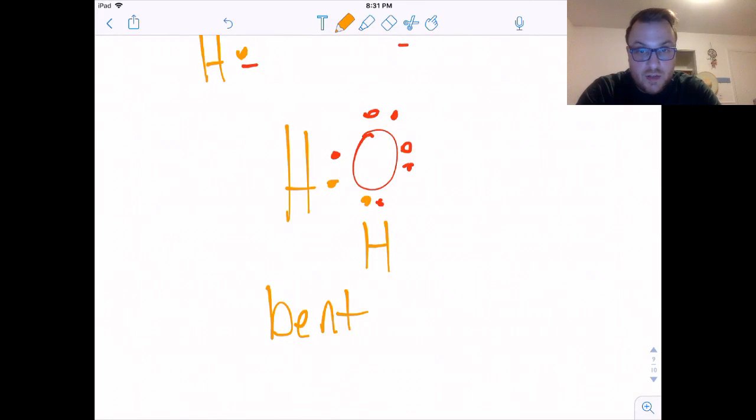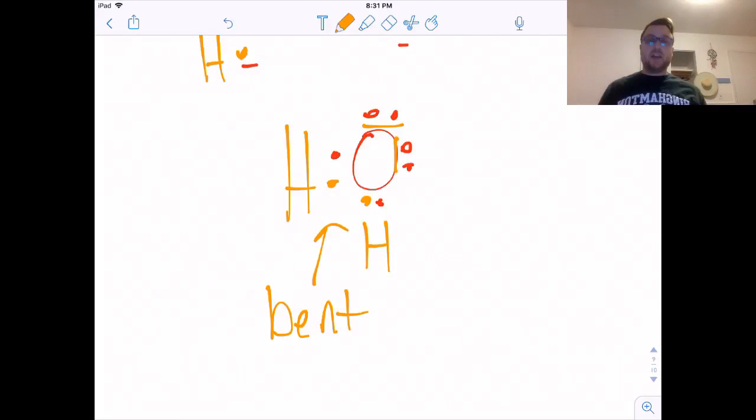So, water is bent because the central atom, the oxygen, has 2 lone pairs, meaning it has 2 pairs of electrons that are not paired with another atom. They're just paired with each other. So those electrons cause a little repulsion of the hydrogens and just cause them to bend down a little bit. So you will always draw water bent.